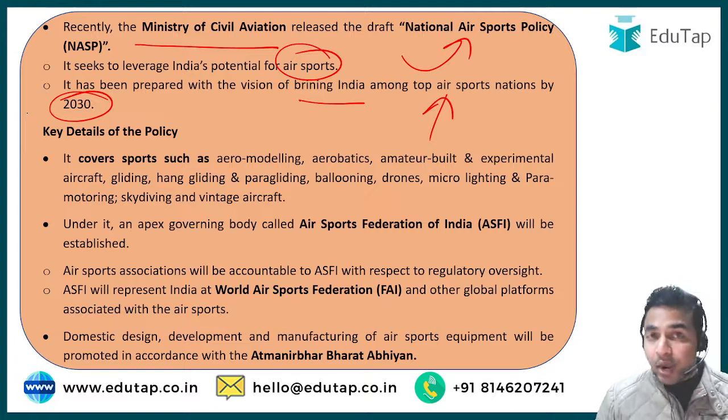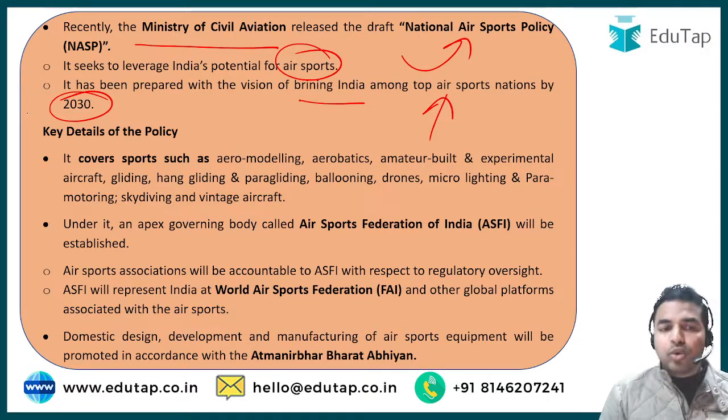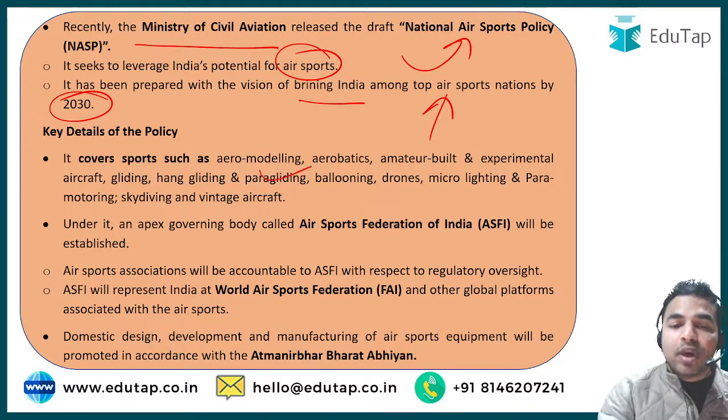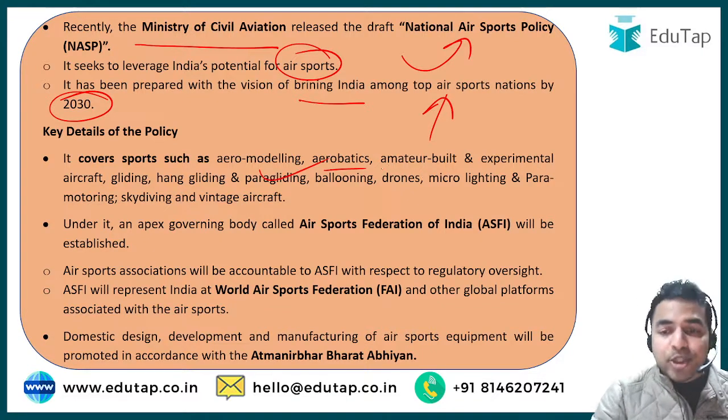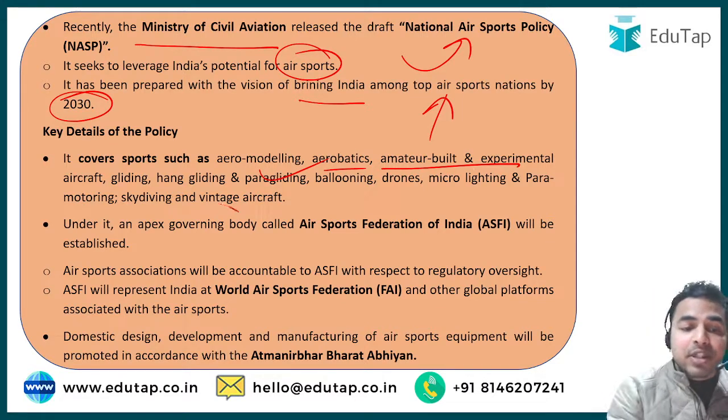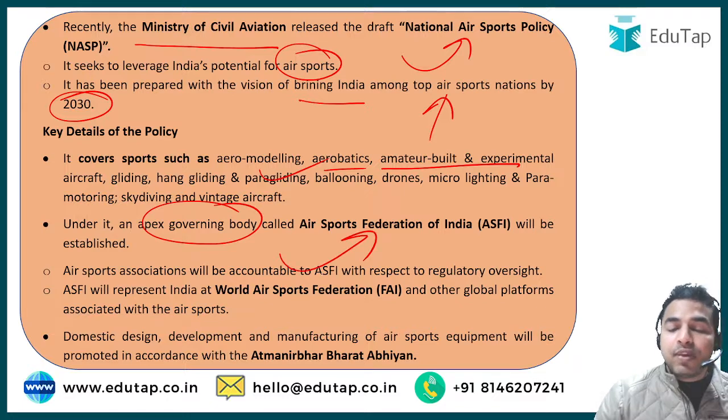How exactly are they going to do it? They are going to do it with the help of this policy, which is going to cover sports such as aero modeling, aerobatics, amateur built and experimental aircraft, gliding, hang gliding and paragliding, etc. Under this, an apex governing body will be formed, which we have already discussed.